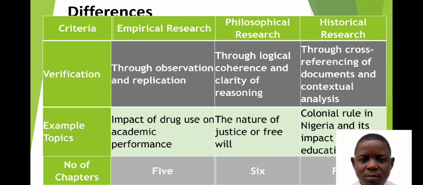So for now, we will be looking into the next class. In our next class, the reason we deem it fit to bring forth these differences between empirical, philosophical, and historical research is that one should know that the template we gave earlier, in yesterday's class, is on empirical research, which is scientific research.